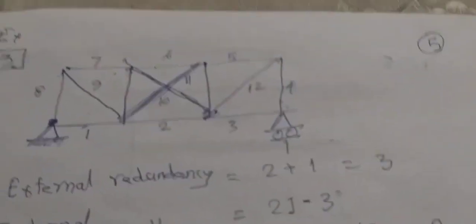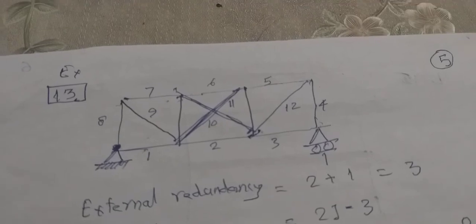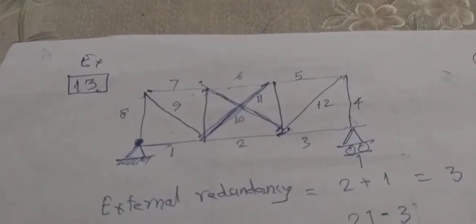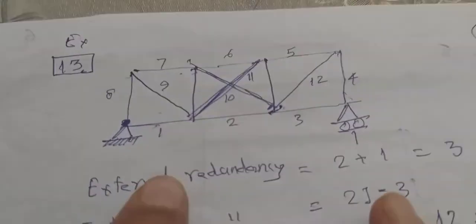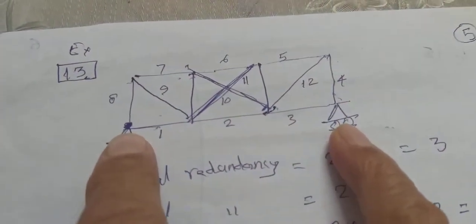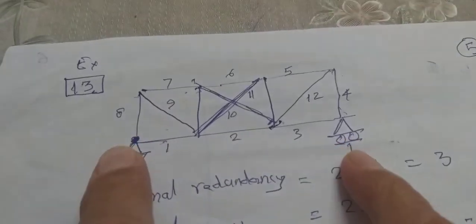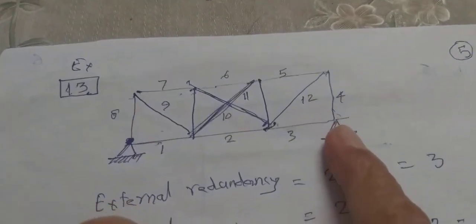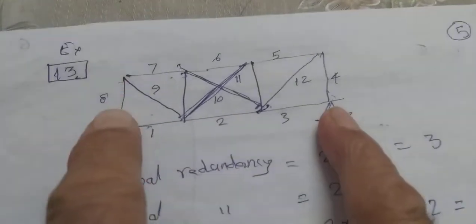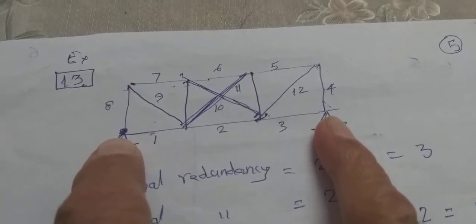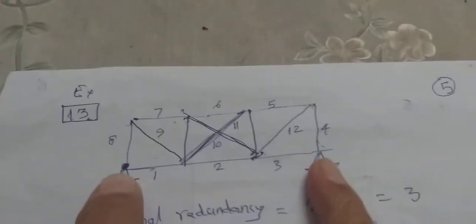Now we will go for the next part, that is this type of structure. Again, this is a truss. Now the members are again there. These are the 2 reactions. Here it offers 2 reactions. Here it offers 1 reaction, and the total reactions come out to be 3. And we can say externally it is just determinate.